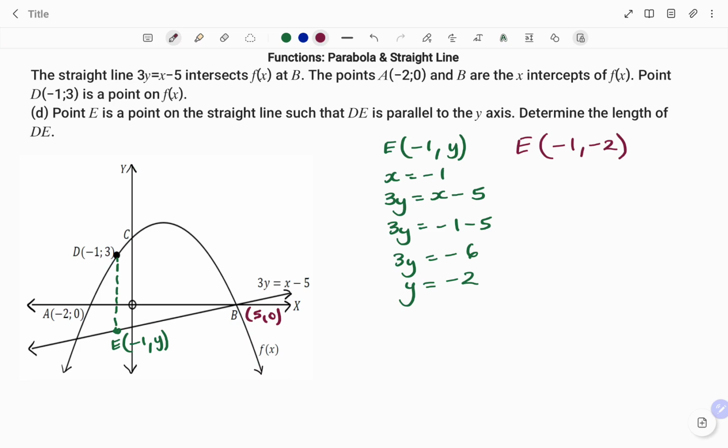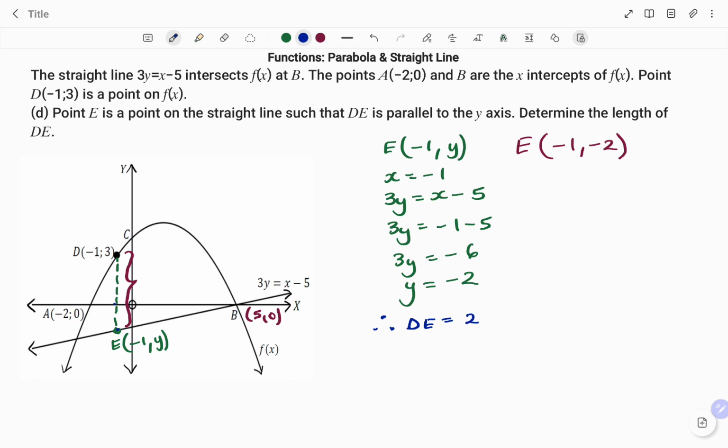To find the total distance, as shown, the length DE is equal to, I have the distance from my E to the origin, that's 2 units, and the remaining distance is 3.